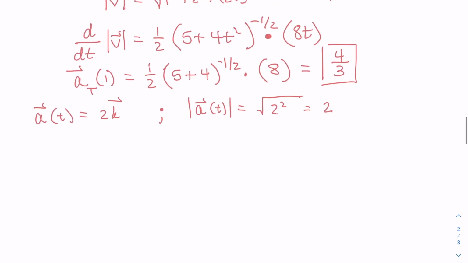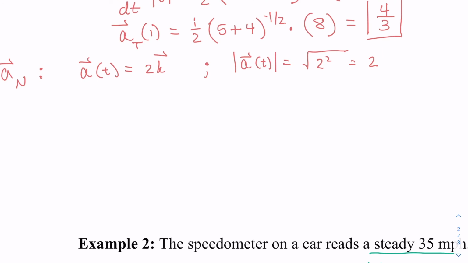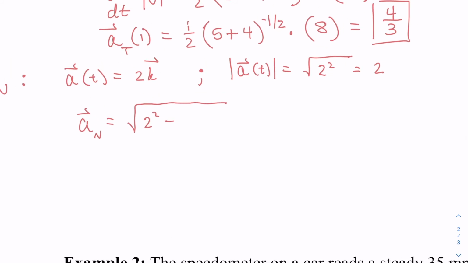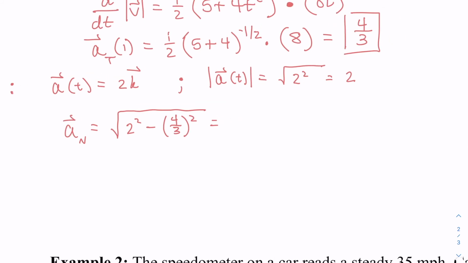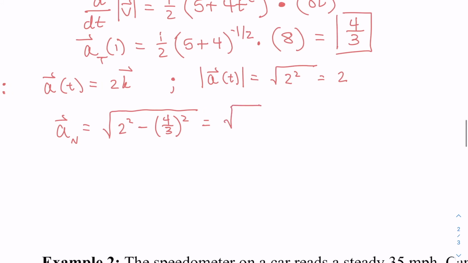So now we have all the pieces we need to find a sub n. So a sub n is equal to the square root of the magnitude of acceleration squared, so that's 2 squared, minus the amount in the tangential direction squared. So that's minus what we found earlier, 4/3 squared, which becomes 4 minus 16/9, or the square root of 20/9. So that's the amount in the normal direction.